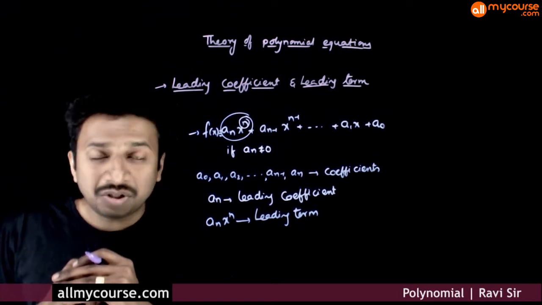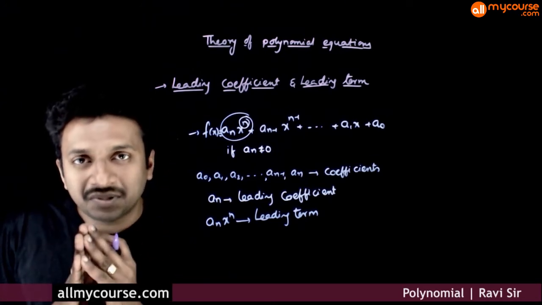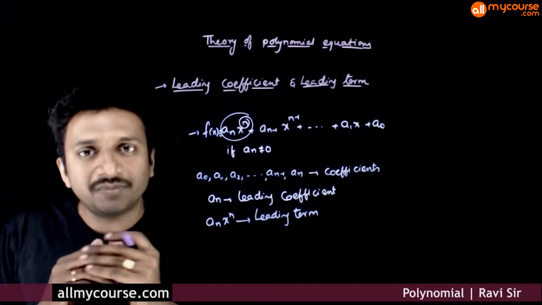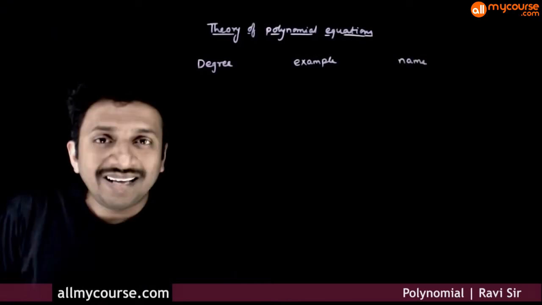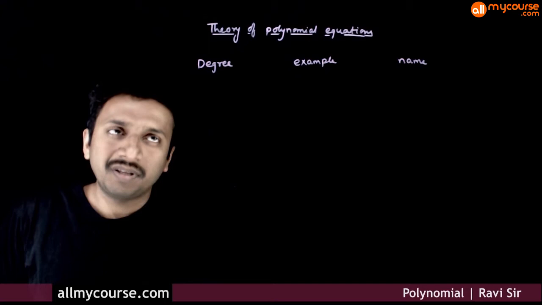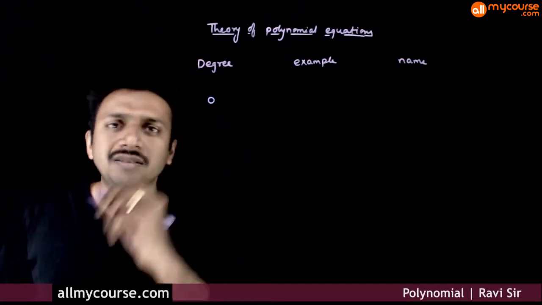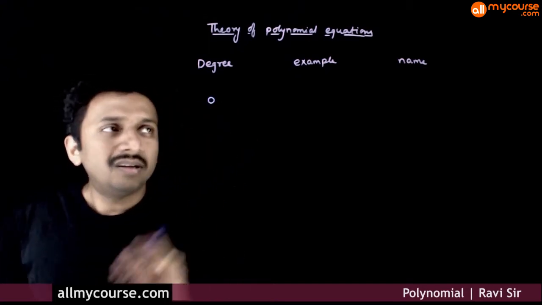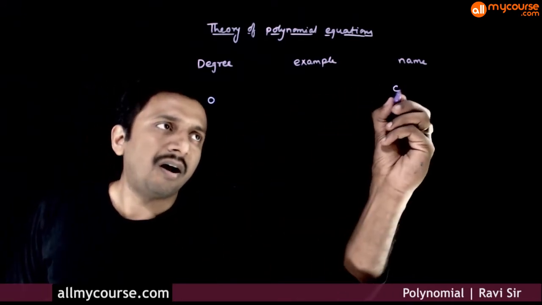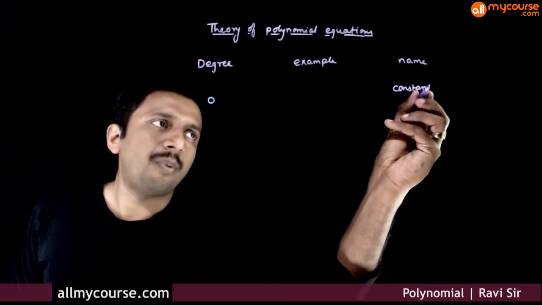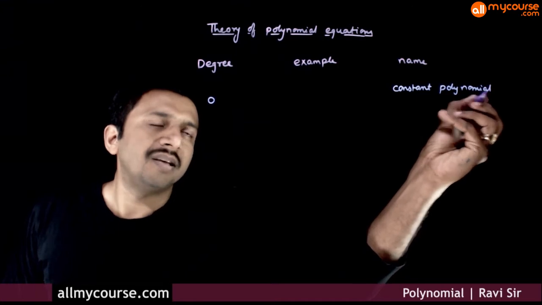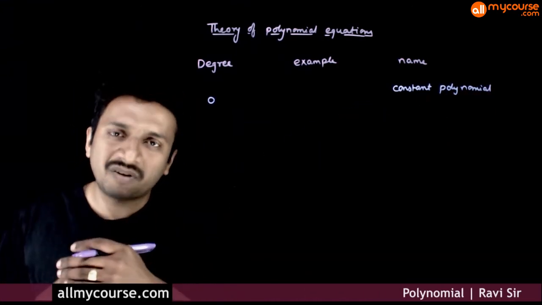Now, based on the degree of the polynomial, different polynomials have different names. So let us see the names of the polynomials. The degree of a polynomial can start from 0. If the degree is 0, the name of the polynomial is a 0 degree polynomial or a constant polynomial. That means it does not contain any power of x.